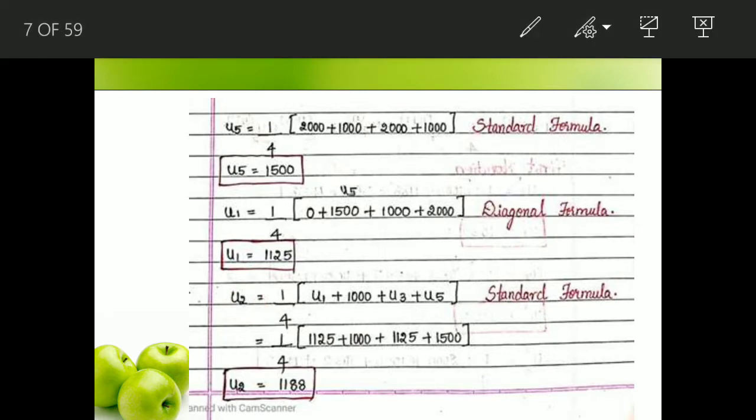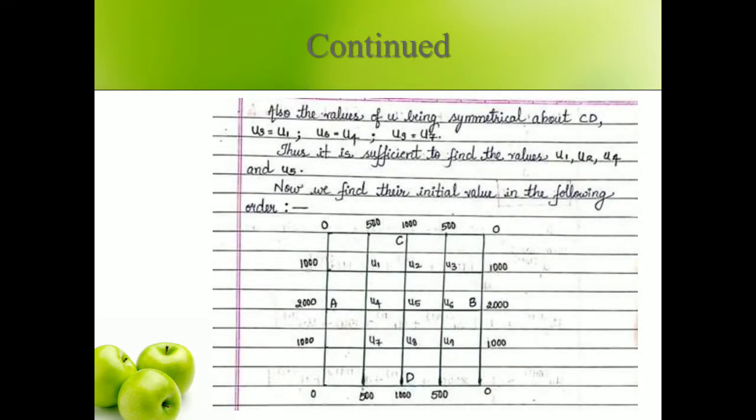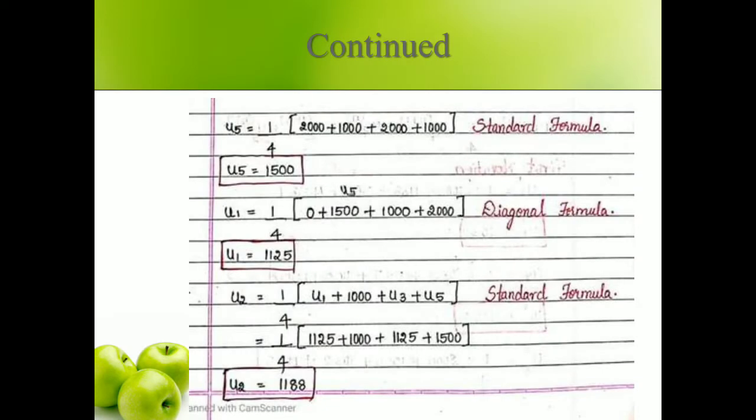u2 you have to use standard only, you cannot go for a diagonal. So standard u2 will be equal to 1000, u5, then you have u1, u3. u1 is equal to u3, so u1 and u3 you can substitute and find out the u2 value.